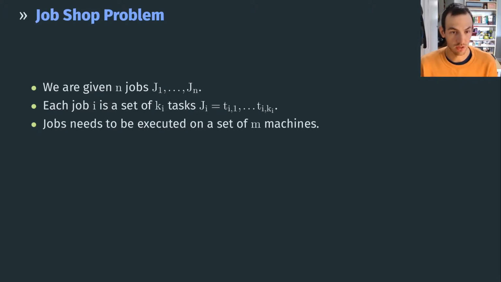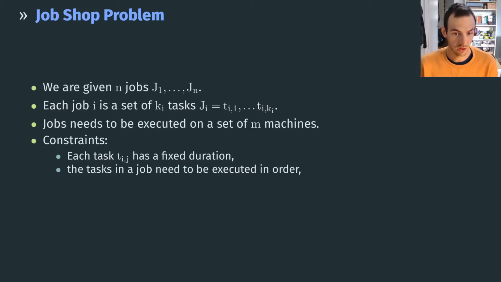So the jobs need to be executed on a set of m machines. So we have some indication of which machine should be handling the task for all the tasks that we have in the jobs. And the constraints are that each task t_ij has a fixed duration. The tasks in the job need to be executed in order, so t_i1 needs to be executed before t_i2 in job i.